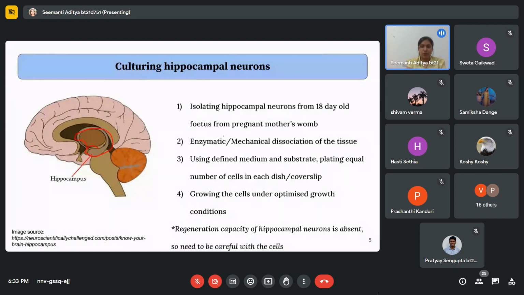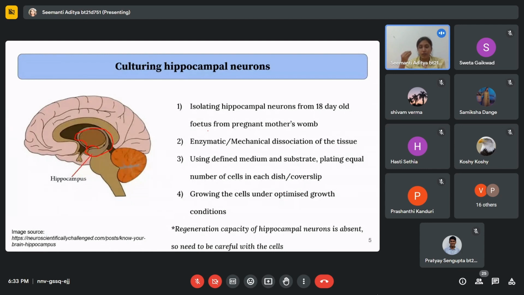These hippocampal neurons are isolated from the fetus in the pregnant mother's womb, basically from rat or mice with a fetus of around 18 to 24 days. The mother needs to be sacrificed and the fetus taken out, and we carry out a dissection to take out the hippocampus from the fetal brain.